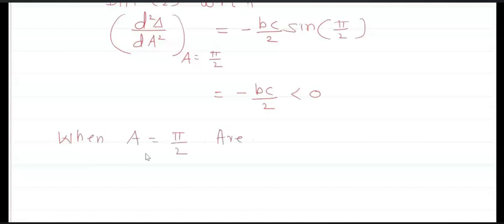Therefore, when A is equals to pi by 2, the area of the triangle is maximum.